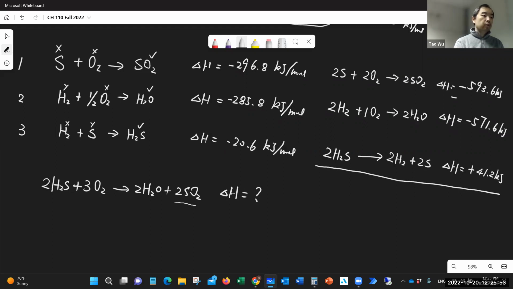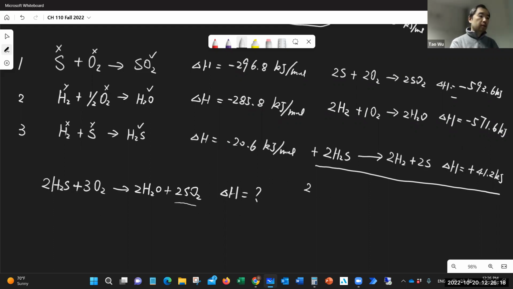Okay, so now you already modified all the equations. Then what you need to do is add up the equations. I guarantee if you make the modification correctly and you add them together, you should get the final equation. Okay, let's see whether it's correct or not. Again, everything on the left side, you add on the left side. Everything on the right side, you put on the right side.